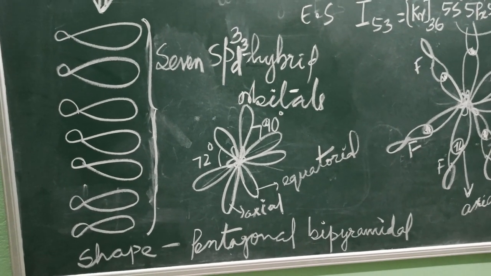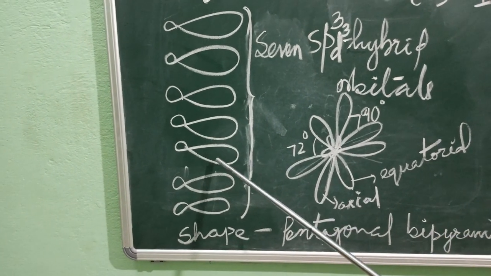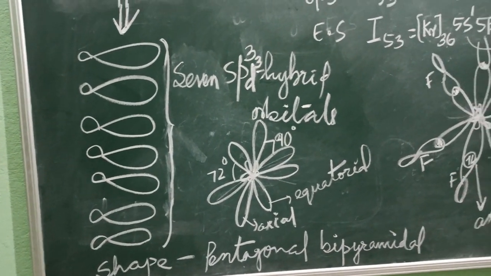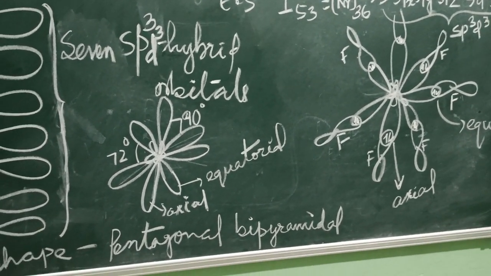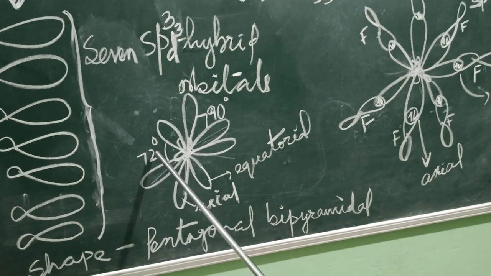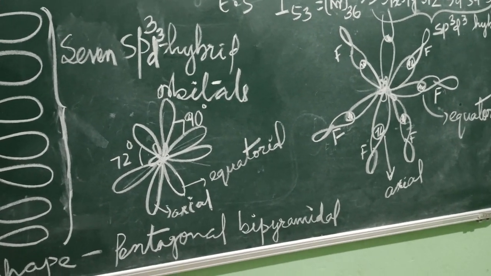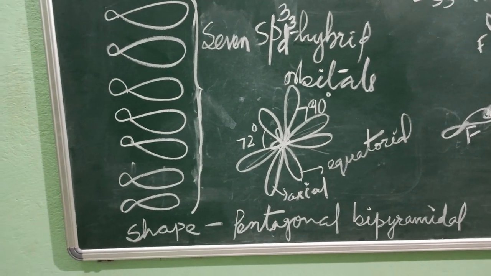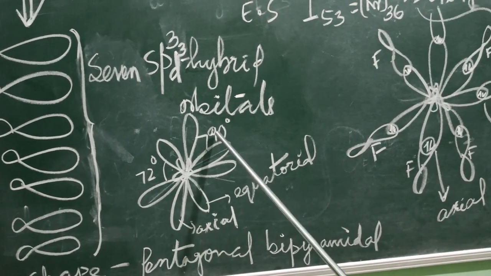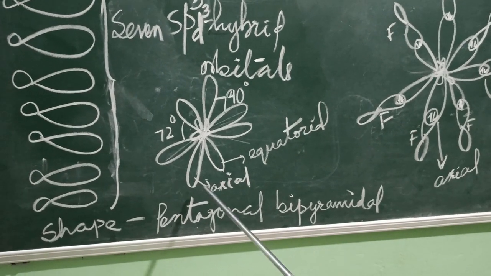Hence, 5 of the sp3d3 hybrid orbitals remain in the equatorial plane, making an angle of 72 degrees, to which the rest 2 sp3d3 hybrid orbitals make an angle of 90 degrees and remain in the axial plane.